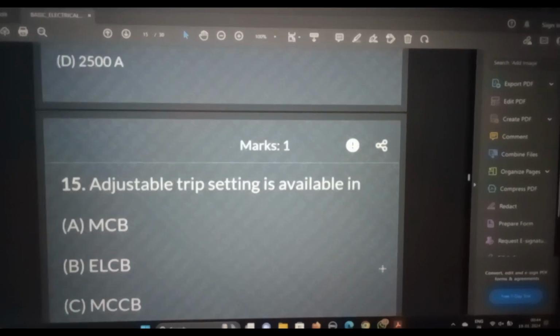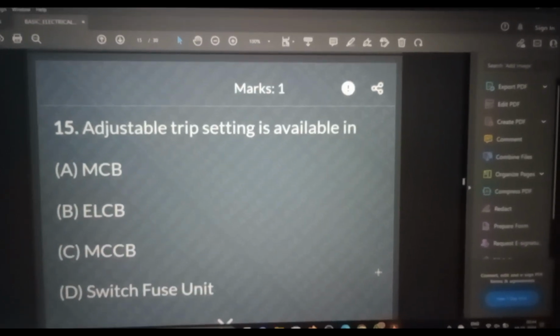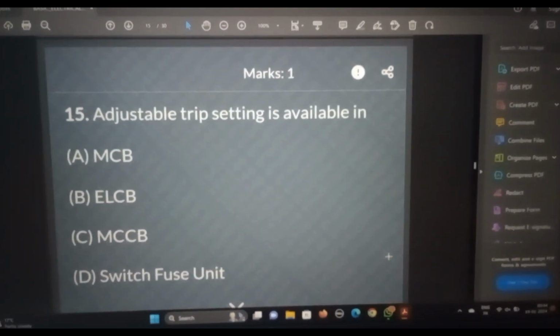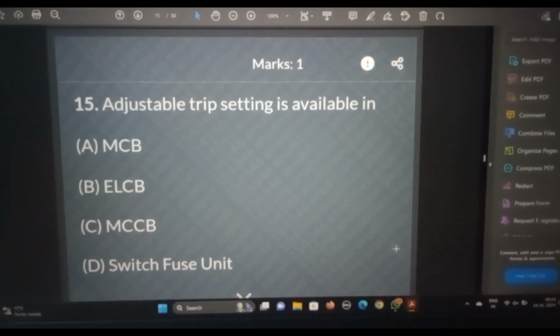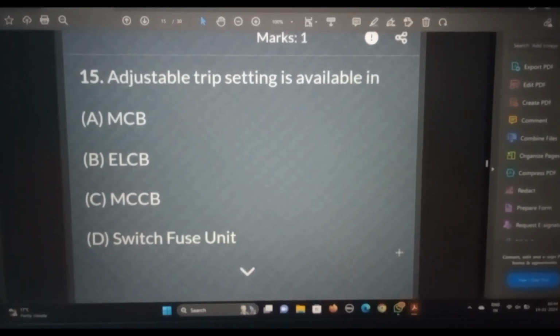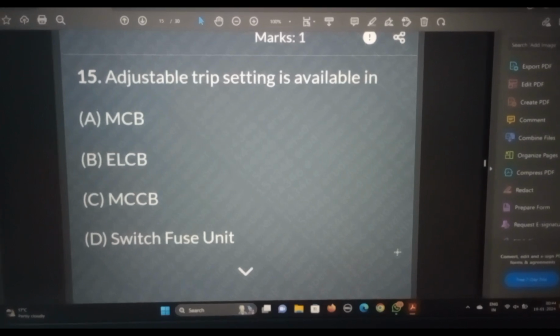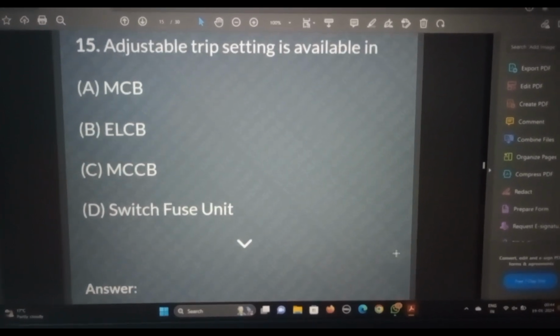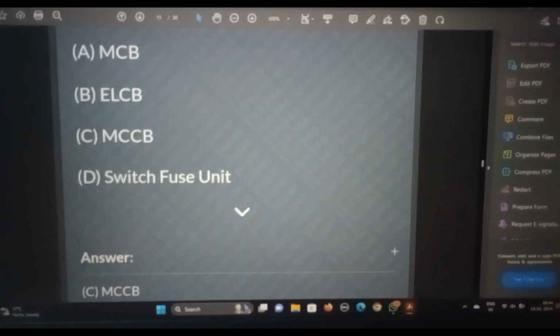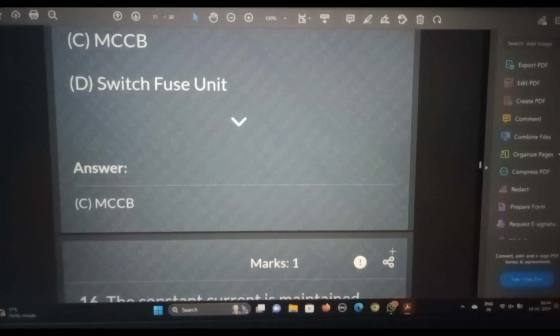Number 15. Adjustable trip setting is available in: option A, MCB; option B, ELCB; option C, MCCB; option D, switch fuse unit. The right answer is option C, MCCB.